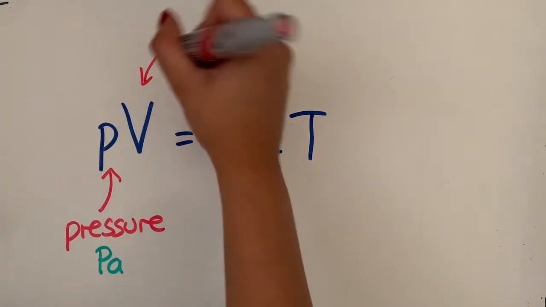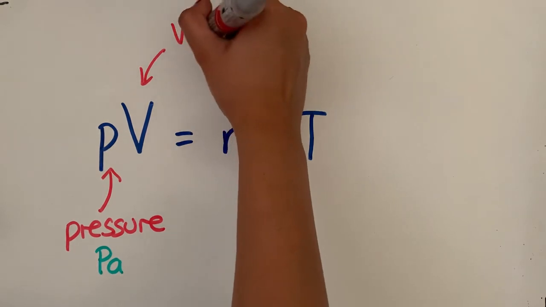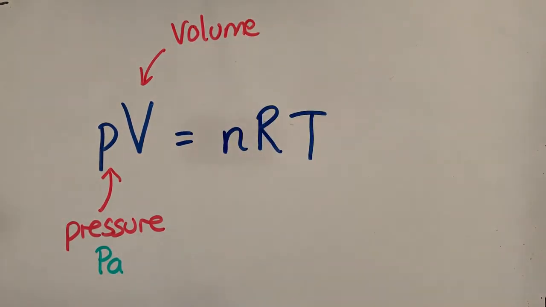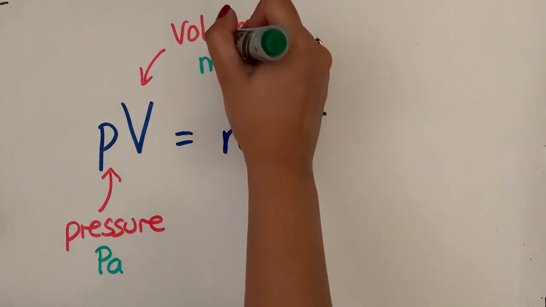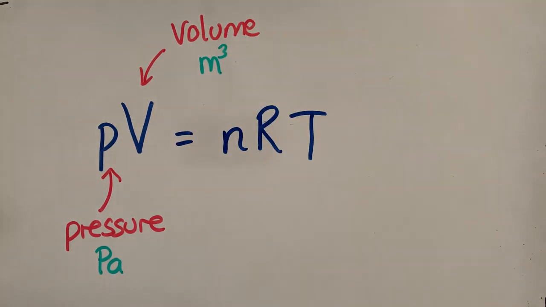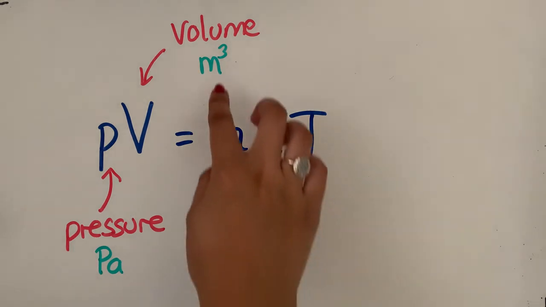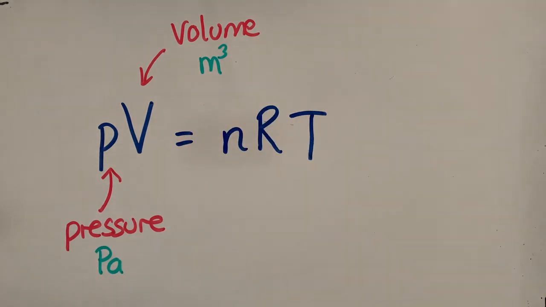Capital V in chemistry stands for volume, and the volume here must be in meters cubed. Just be careful, because we have done everything so far in decimeters cubed or centimeters cubed. For the ideal gas equation, it must be in meters cubed.